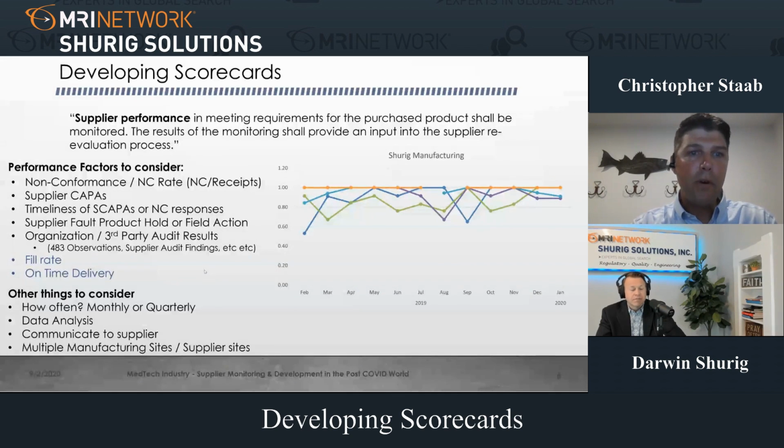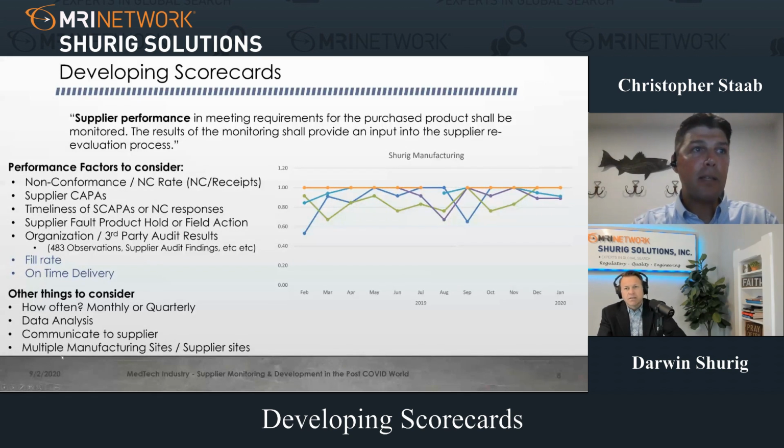But if you're a smaller company with minimal sites, for example, this graph is up here. Each colored line is a different manufacturing site, so you can see how they performed. They may be performing great for this supplier at one manufacturing site, but another site had a challenge. So it gives you that granularity of the data and helps you understand where your challenge is coming from.